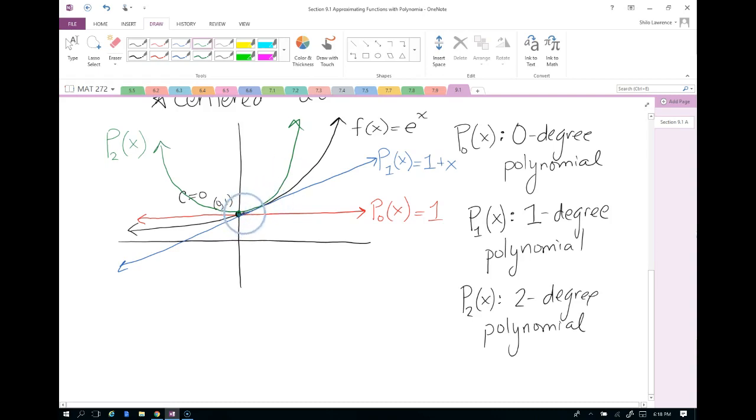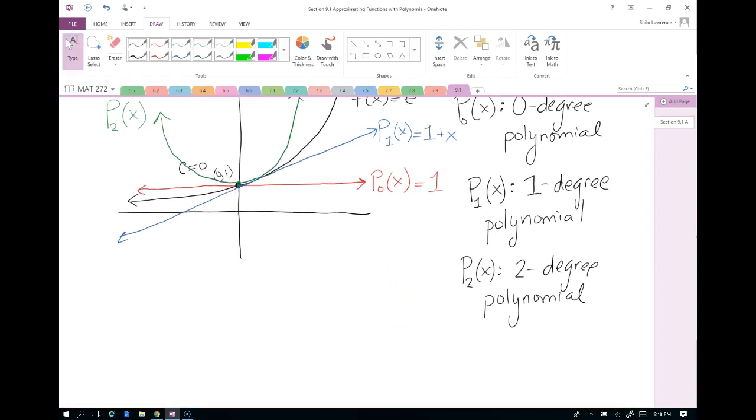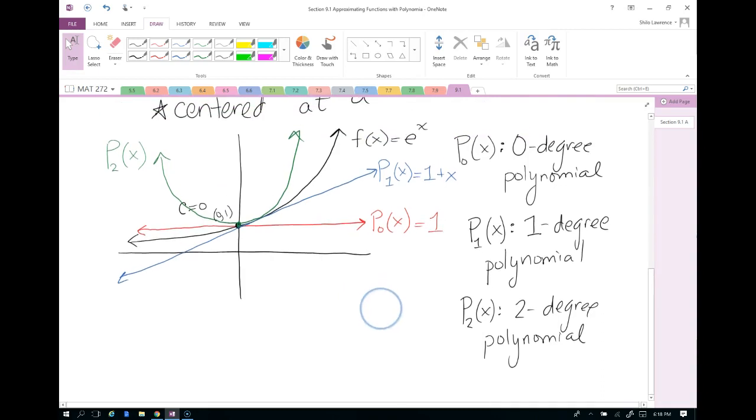Now this green graph has some curve in it, just like our original function did, so that's going to be an even better approximation. And we can continue this on forever and figure out what a third degree match would be, what a fourth degree match would be, and so on. And you don't have to do it by guessing.